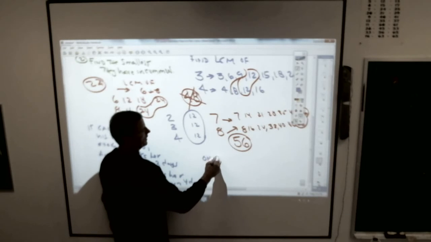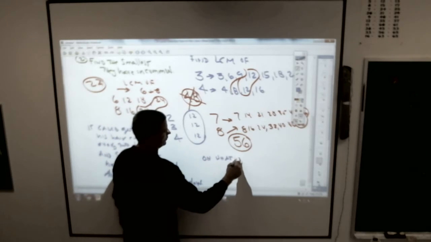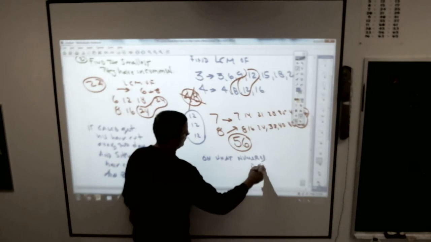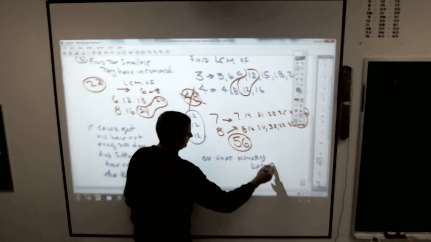On what numbered day would all 3 be getting their haircut?